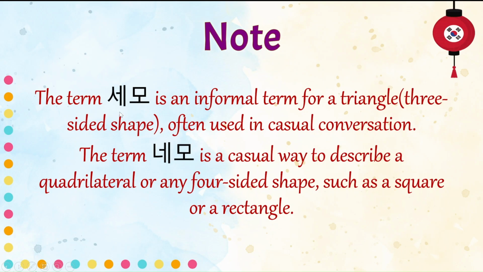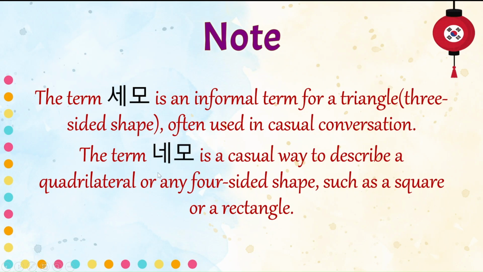You can easily understand this word. Se means three, and mo comes from moyang, which is the Korean word for shape. So combining these two, it translates into a shape with three sides. So semo is used as an informal way to say triangle in Korean.